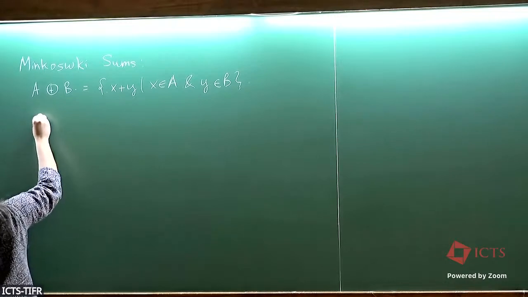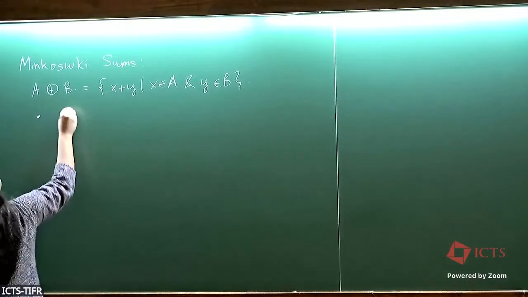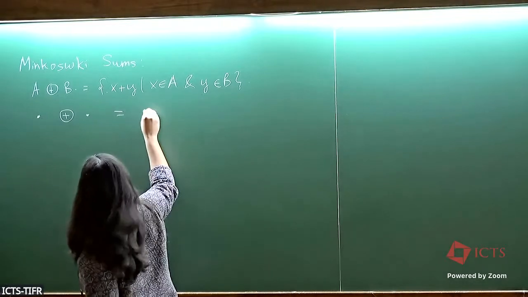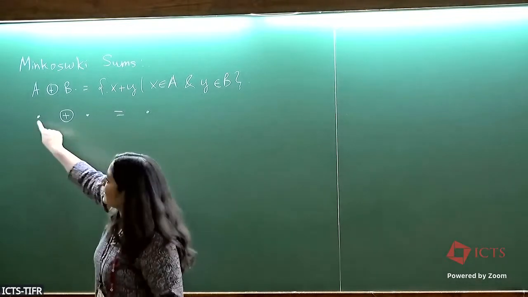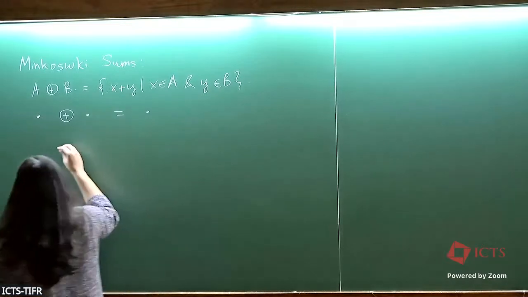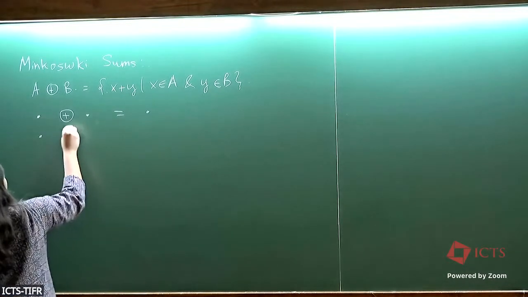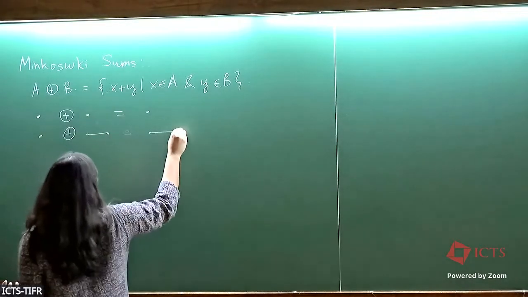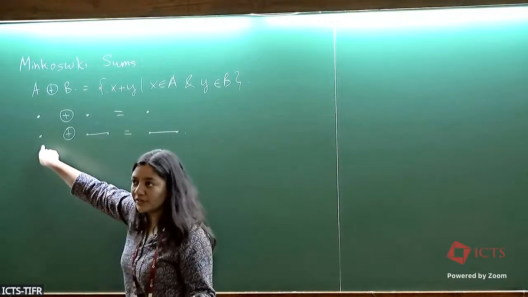So for example, a point Minkowski summed with a point is a different point, translated by the other point.